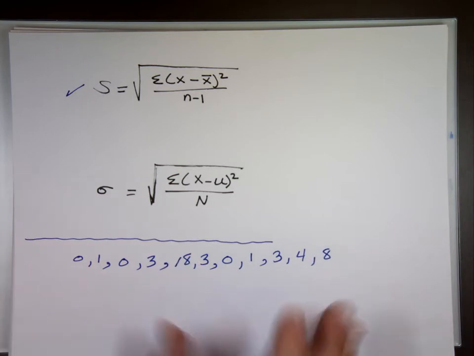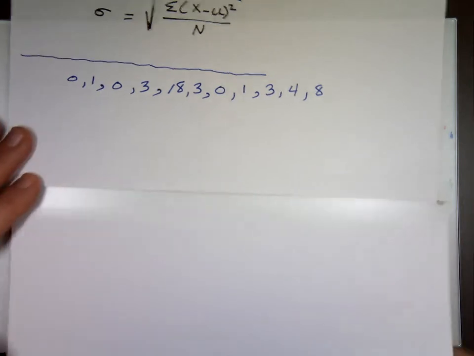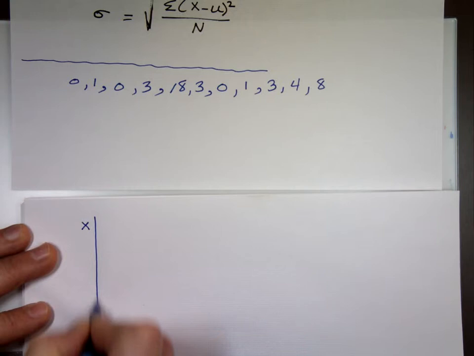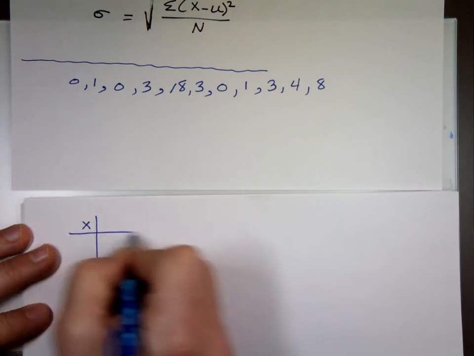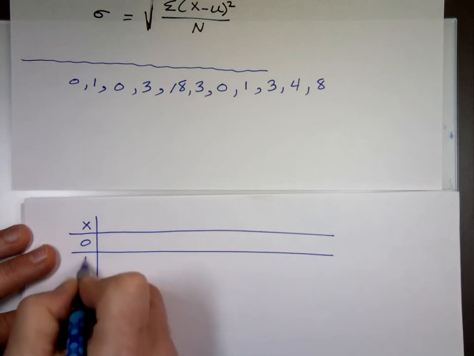So how do we calculate that? I'm going to make a table for that. I'm going to make my life easy. I'll call these the values x, and I'll make a table. Here's the 0, 1, 0.